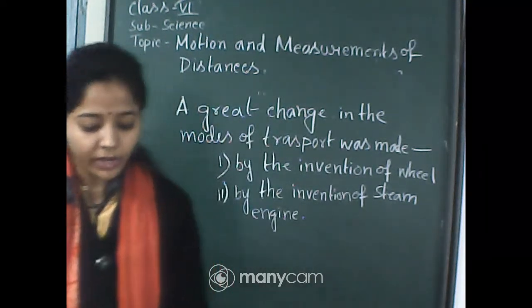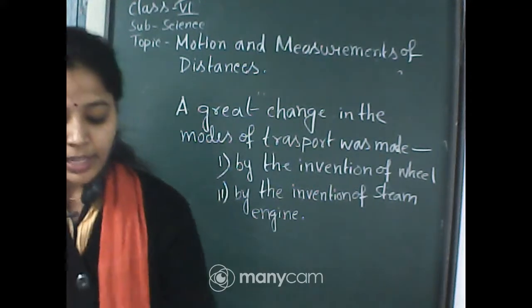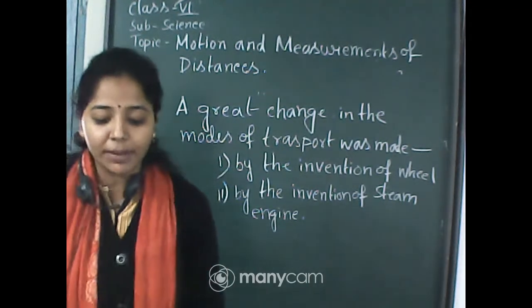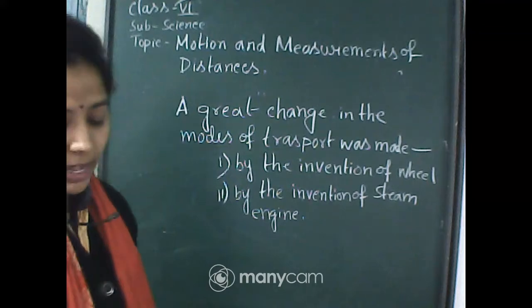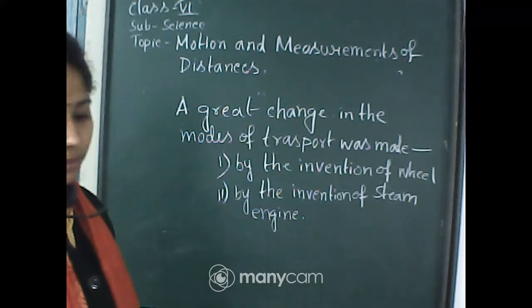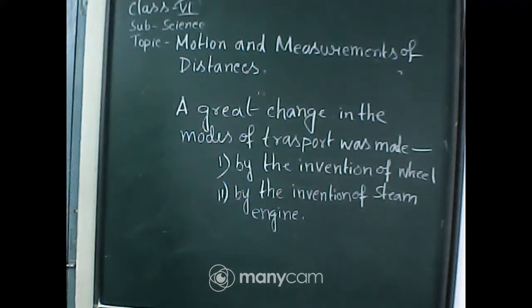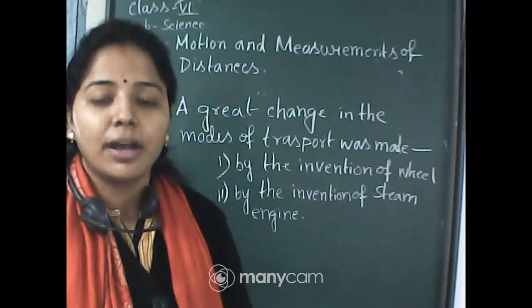Now in your book you can easily see that the invention of the wheel made a great change in the mode of transport. The design of the wheel was improved over thousands of years, and animals were used to pull carts that move on wheels, such as bullock carts.